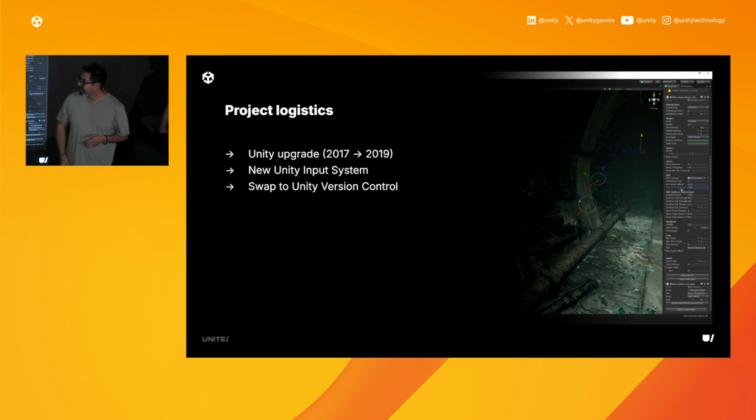And lastly, we swapped to Unity version control simply to improve iteration time on our team, and to also mitigate the risks of, like, we were about to generate a ton of content with what Raz is going to be talking about in a few short minutes.